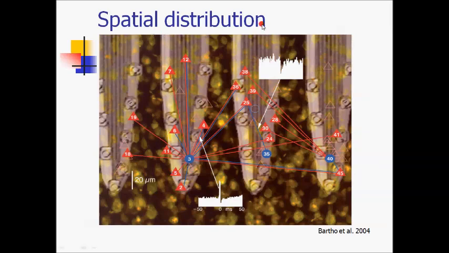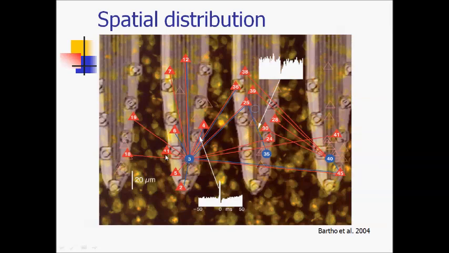The other thing we can learn from spikes is the spatial distribution, especially when you are using silicon probes which have very well defined distances between recording sites.